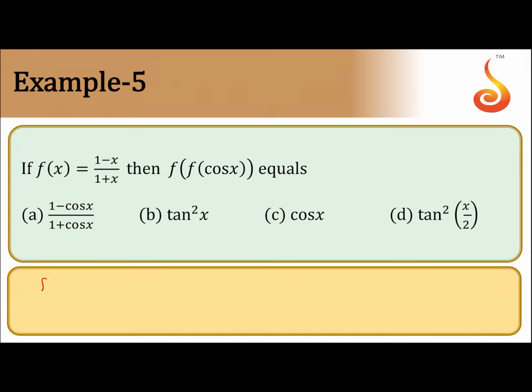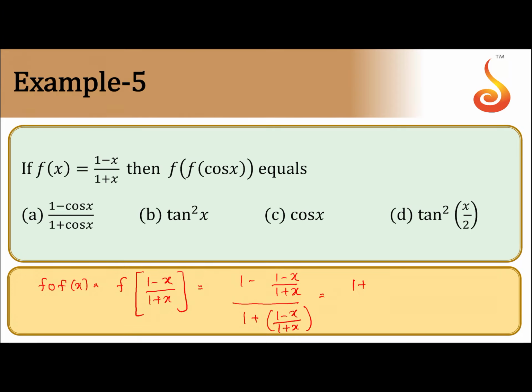cos x. First of all, you calculate f of f x. What is f of x? It is 1 minus x by 1 plus x. So what f is doing? Again, 1 minus x by 1 plus x divided by 1 plus 1 minus x by 1 plus x.